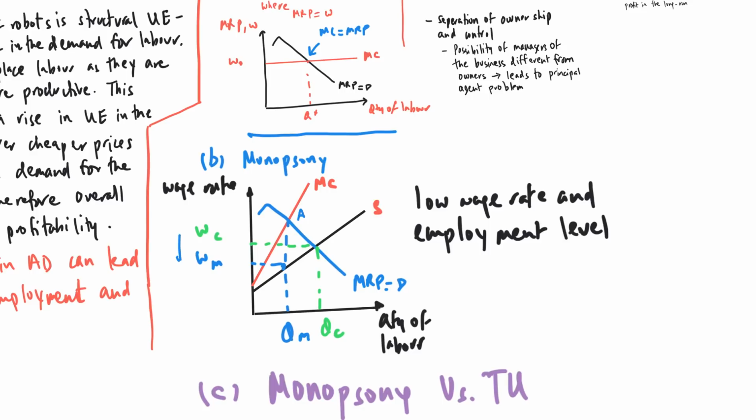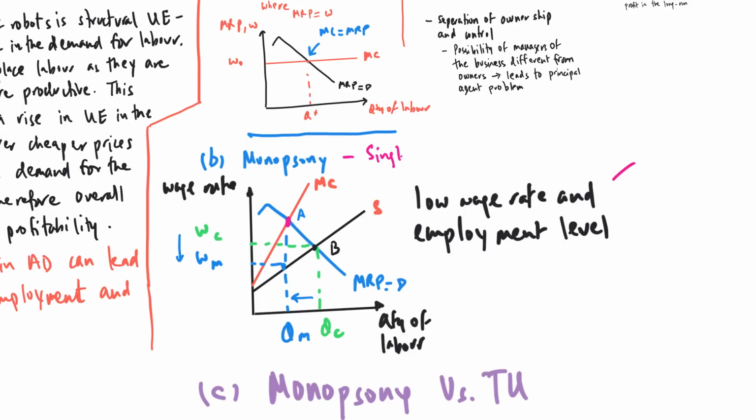So the wages go down and the employment level also goes down. If the same market was under perfect competition, where demand equals supply, this point B would have been the employment level. But the firms are maximizing profits, so they employ at this point A, and therefore there is a lower wage rate and employment level in monopsony.